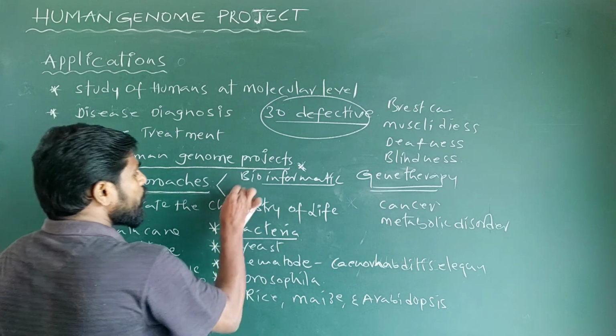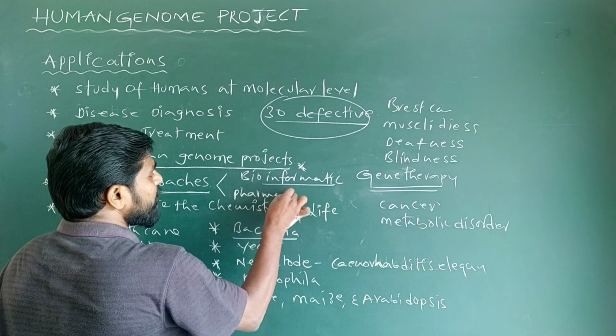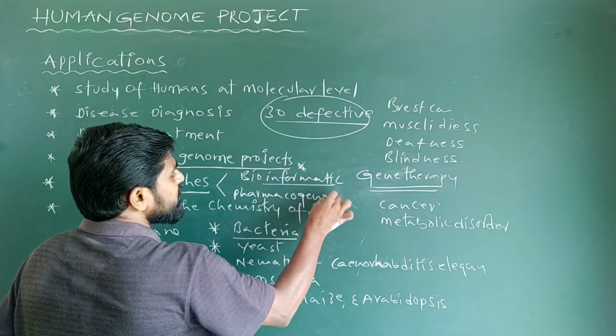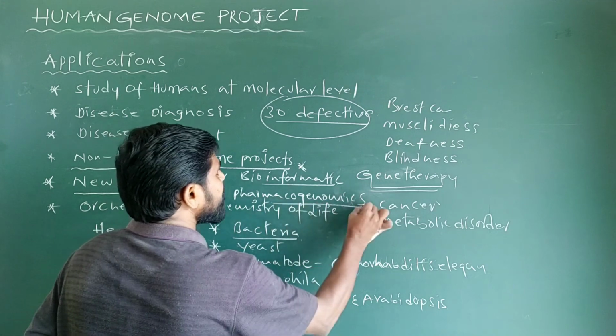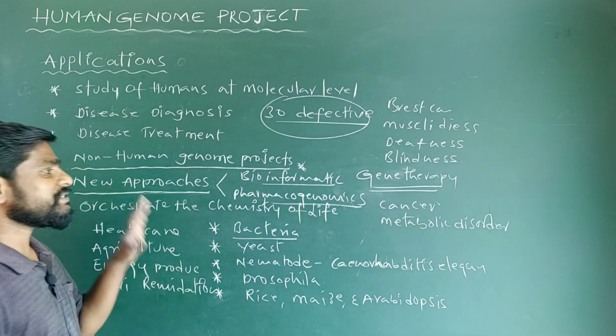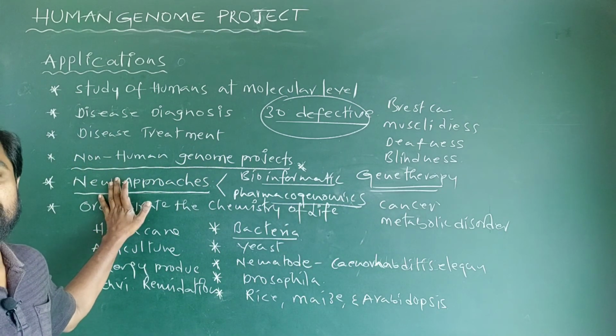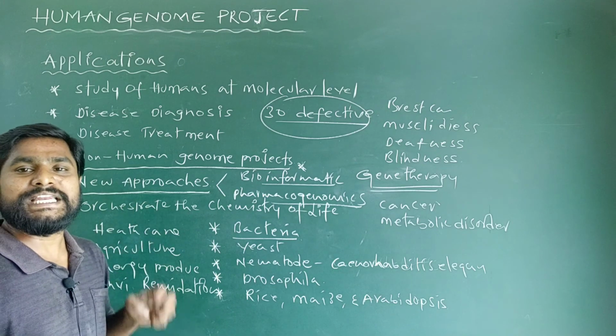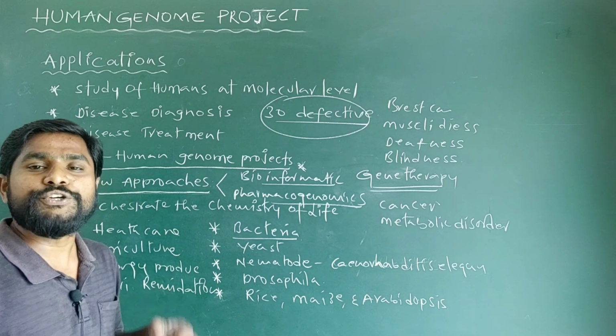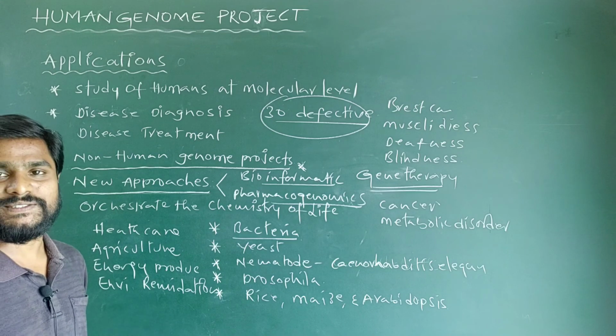Likewise, pharmacogenomics is another new branch of science developed due to the Human Genome Project. So the Human Genome Project enabled us to develop new approaches in biological research.